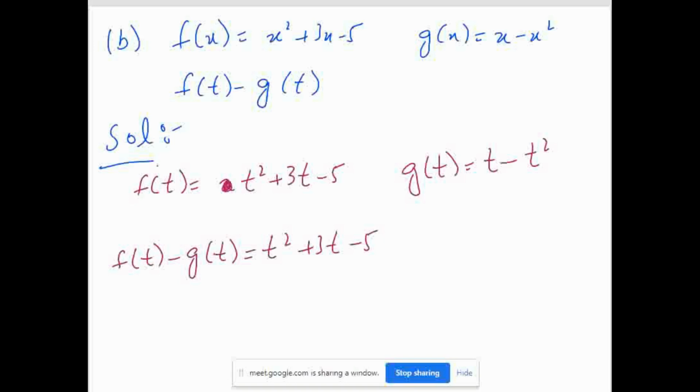You can use brackets also. It's totally up to you. Exactly.